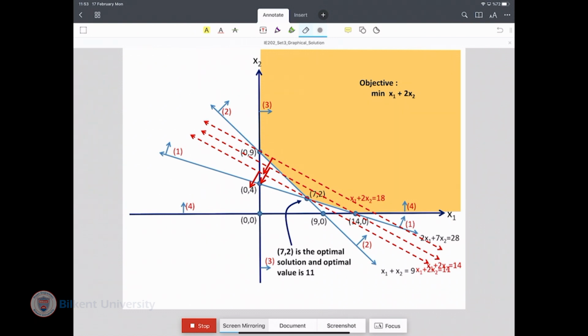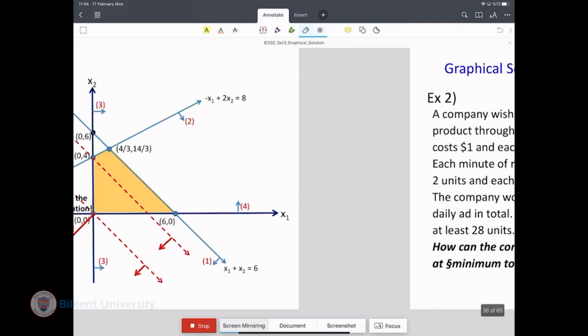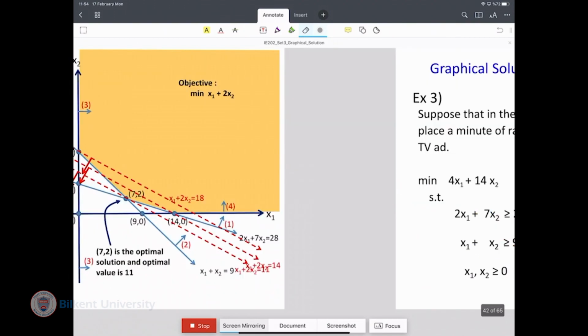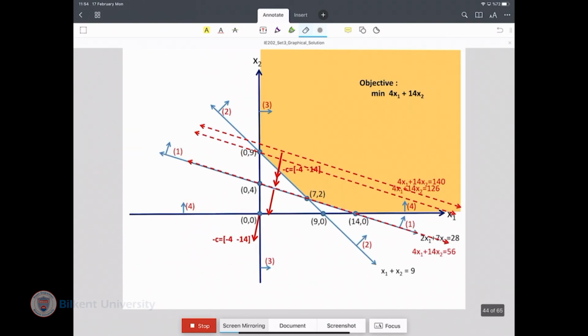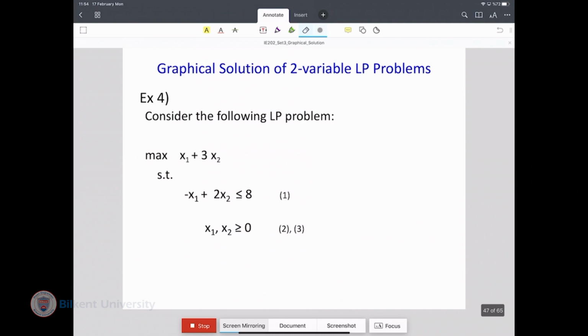We have four cases. One, unique optimal, this one, or that one over there, right? Unique, only 1 point. What is the second case? This one. How did we name this? Alternative optimum solution. Then we have this case.